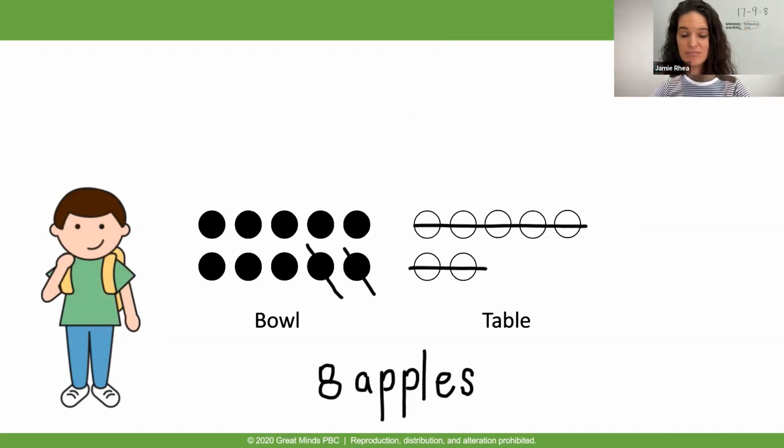We did it too. It looks like he then crossed out all the circles from the table and 2 more from the bowl. We didn't do that. His answer was 8 apples. Did you also get 8 apples? We did, but I marked out ones from the bowl. But that's okay. Was your work similar or different than Ivan's? It was very similar to Ivan's, wasn't it?